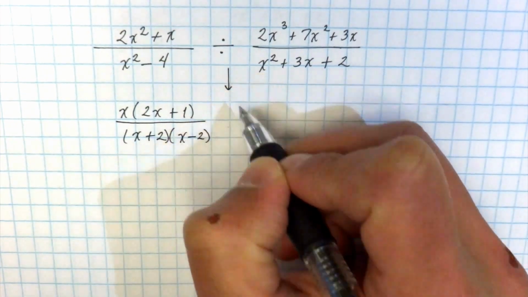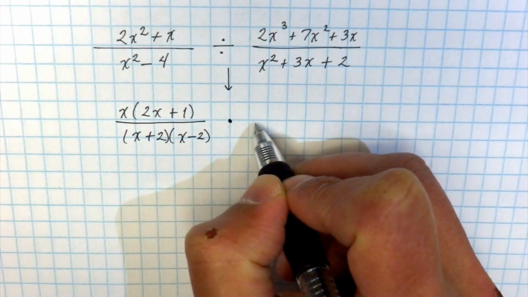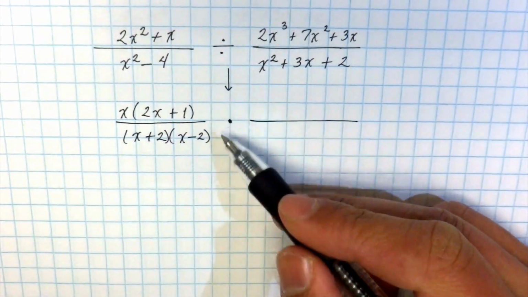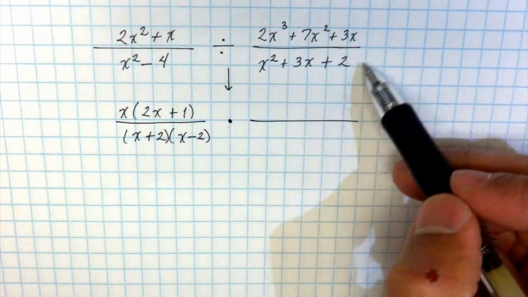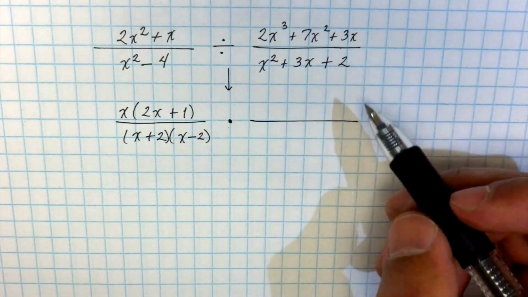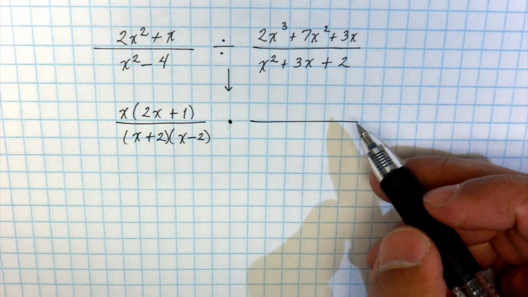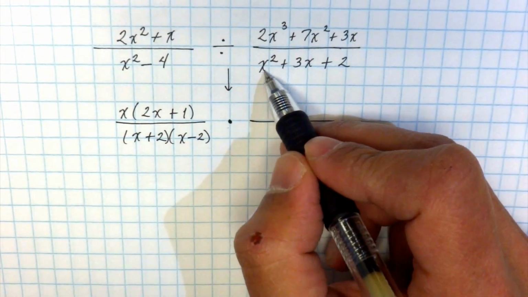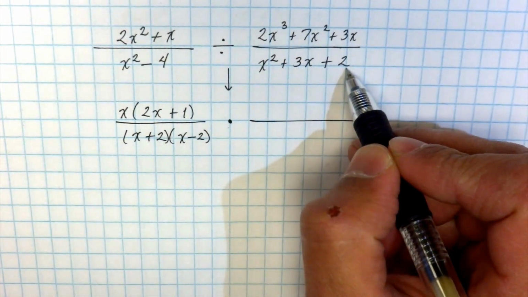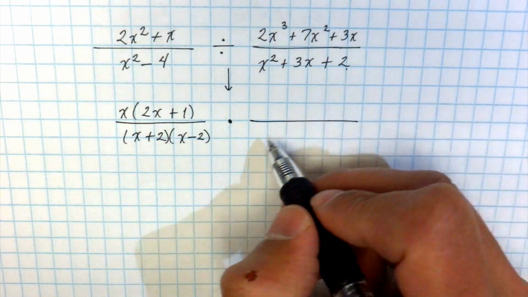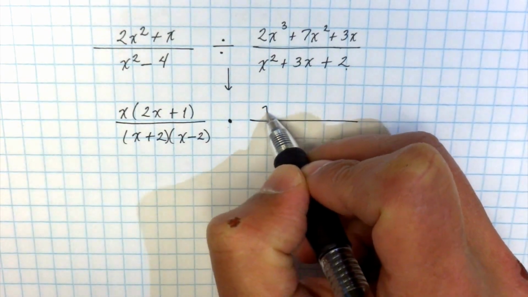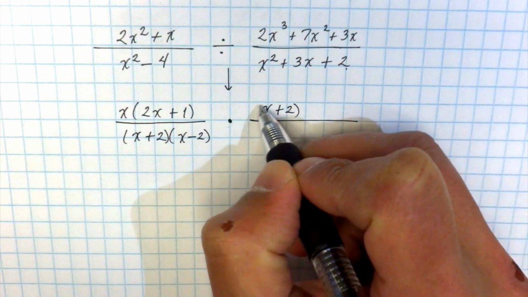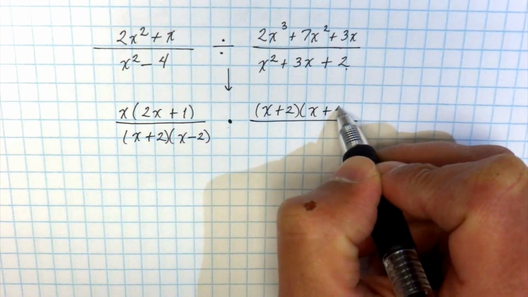We're going to change the division into multiplication. But remember, we're only changing the second fraction. We're going to do the reciprocal. Now we're going to flip this. x squared plus 3x plus 2, when you factor that, becomes x plus 2 times x plus 1.